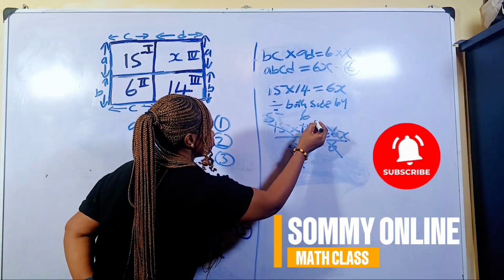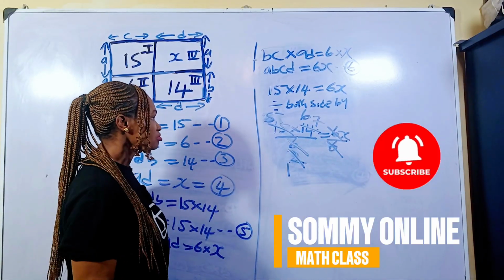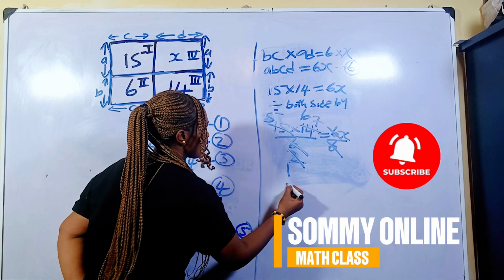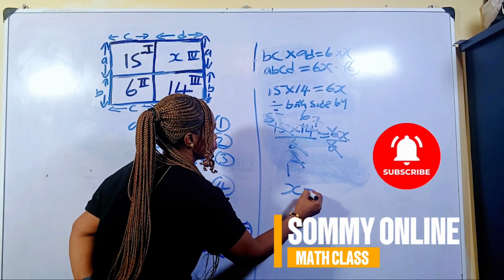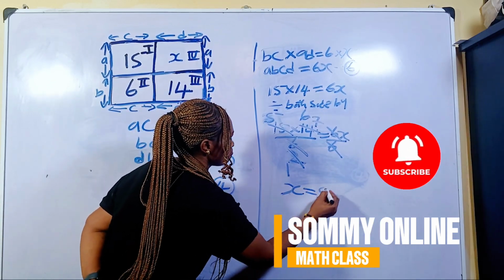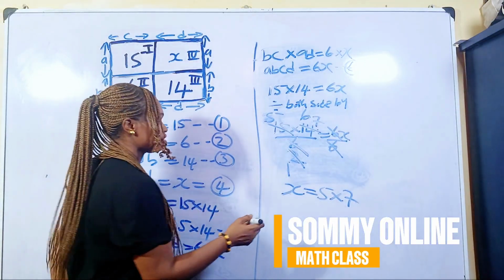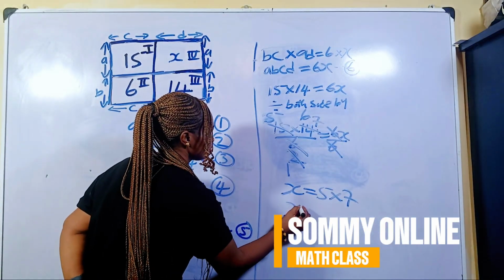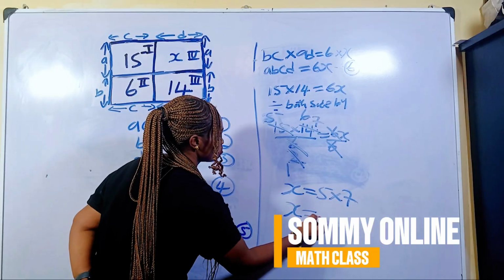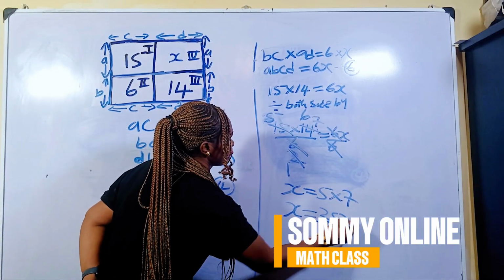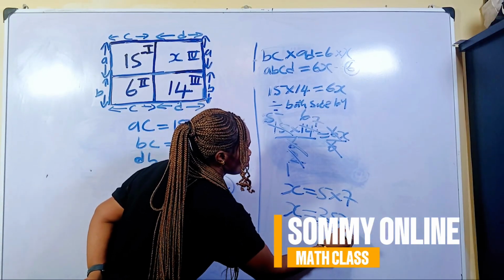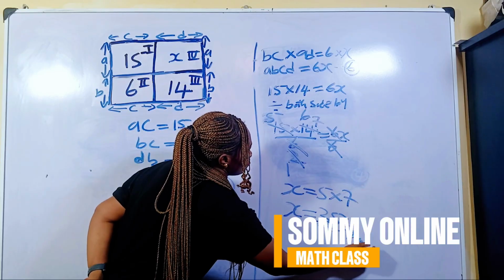When 2 goes into 14, we have 7. So the value of S is 5 multiplied by 7, and S now equals 35 square meters.